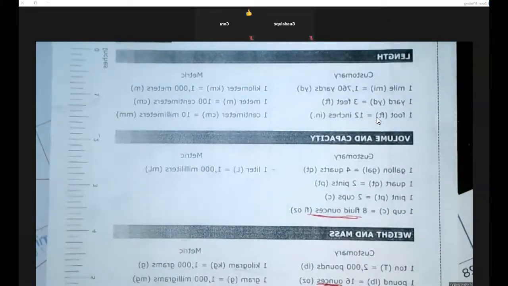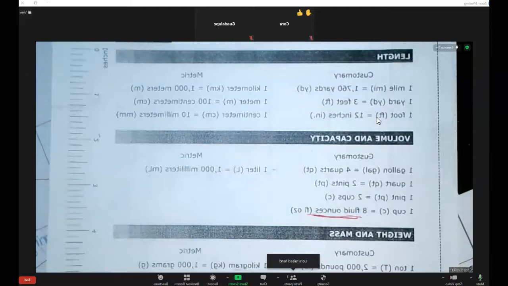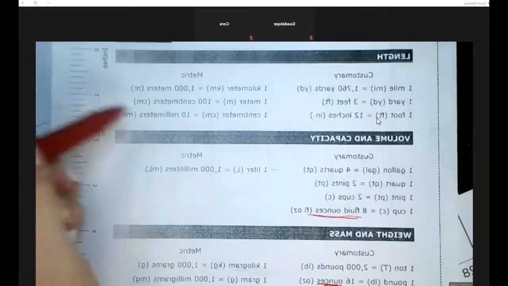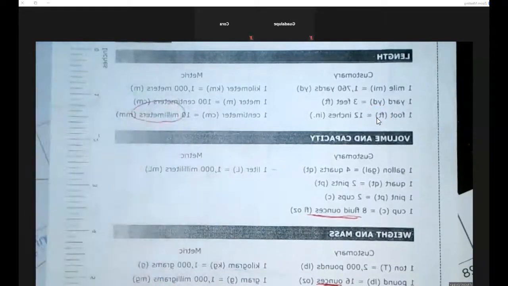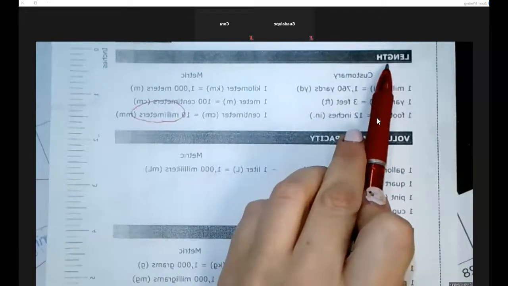Look at your chart and tell me where millimeters is. Cora? Length. Length again. Good. Y'all see it? It's way over here. Millimeters. Good. So that is under the length section.